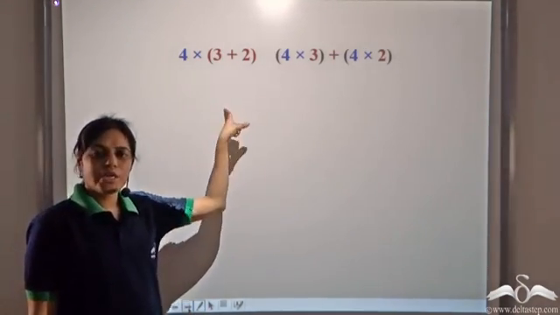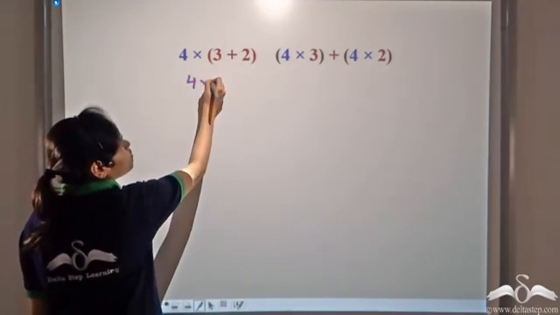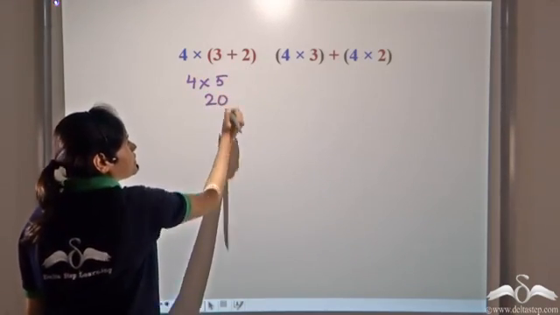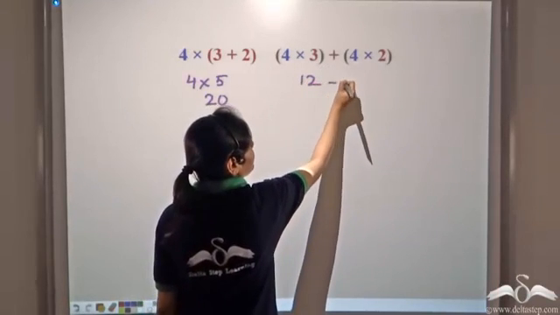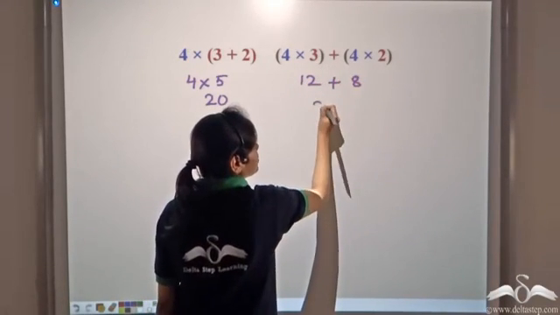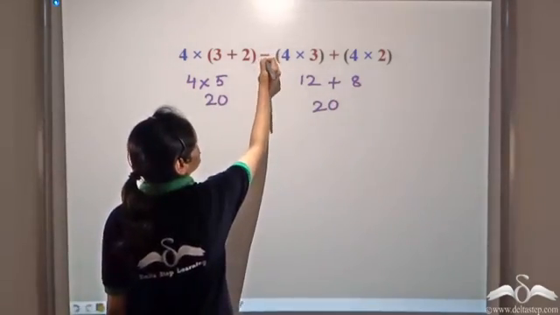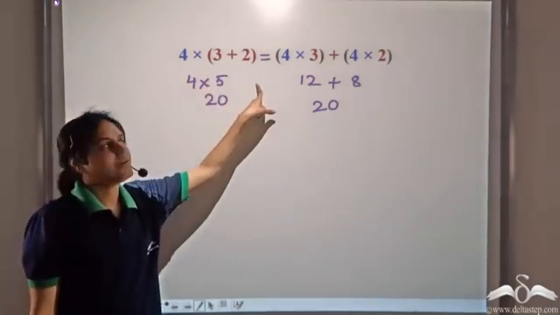Now, are these 2 equal? Let us see. This is 4 into 3 plus 2 is 5, which is 20. And this is 4 into 3, 12, plus 4 into 2, 8. 12 plus 8 is 20. So yes, these 2 are equal. So what is happening here?